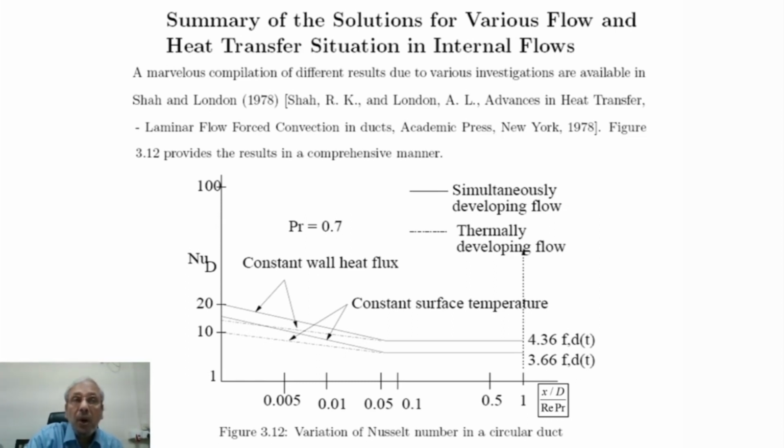So basically we can get multiple combinations: flow is hydrodynamically developed or developing, thermal field is fully developed or developing, and we also can get thermal conditions, uniform wall heat flux or uniform wall temperature.